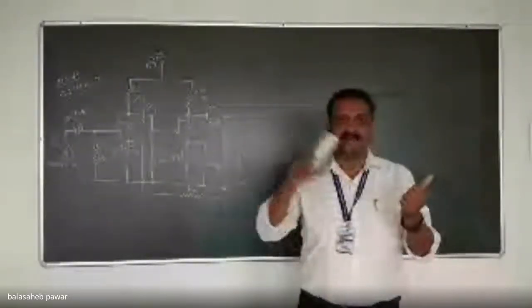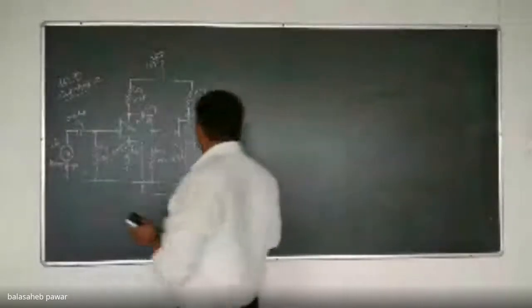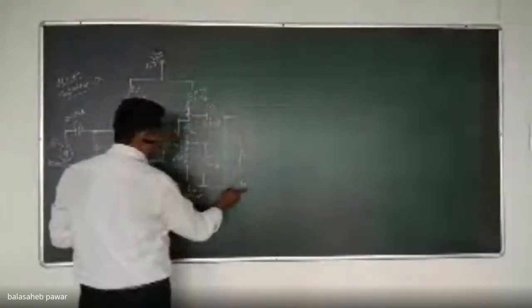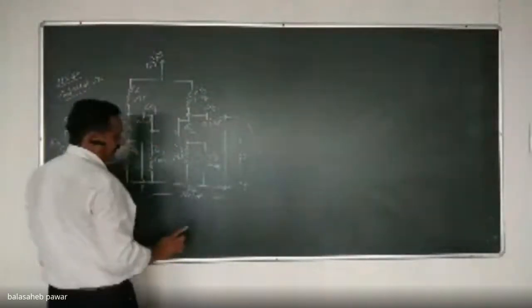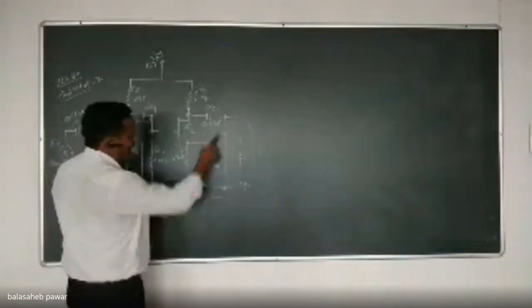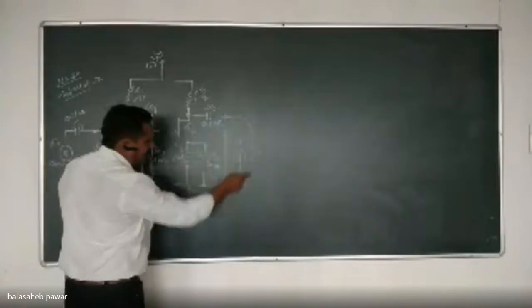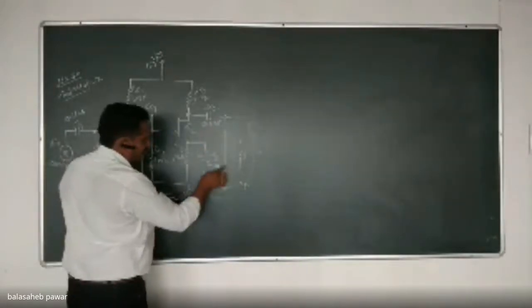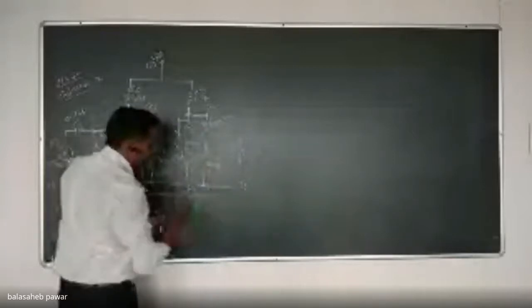Yes, sir. To draw the input circuit, you have to make VO equal to 0. So I will take this terminal and ground it, so that I can say VO will be equal to 0. Now look properly. Where the feedback resistor is connected, it was connected over here, and the same terminal is grounded. So can we draw it like this?